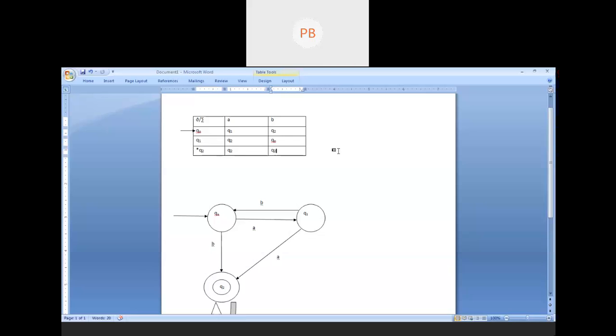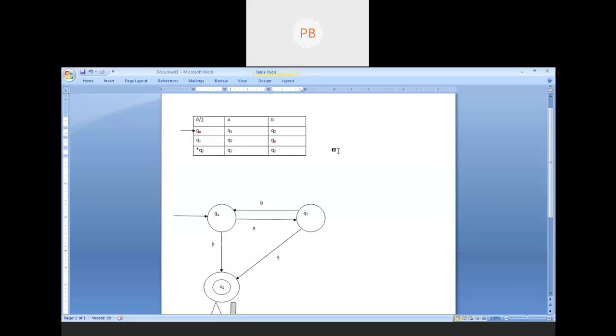There are two preferred notations for describing automata.